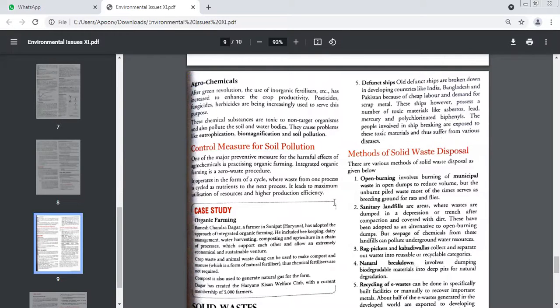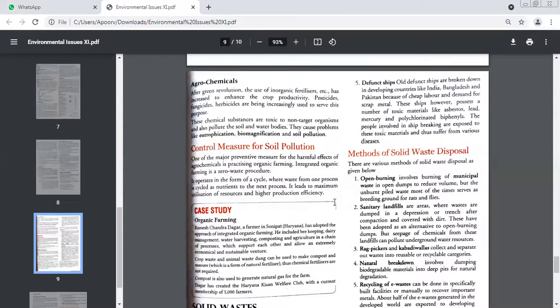Okay, this is the 5th and the last category of solid waste we have. Defunct ships. Old ships, beta, which are broken down. We don't know what to do with them now. They're not working. They have all broken down. These kind of problems we mainly face in developing countries like India, Bangladesh, Pakistan, because of cheap labor and demand for scrap metal.